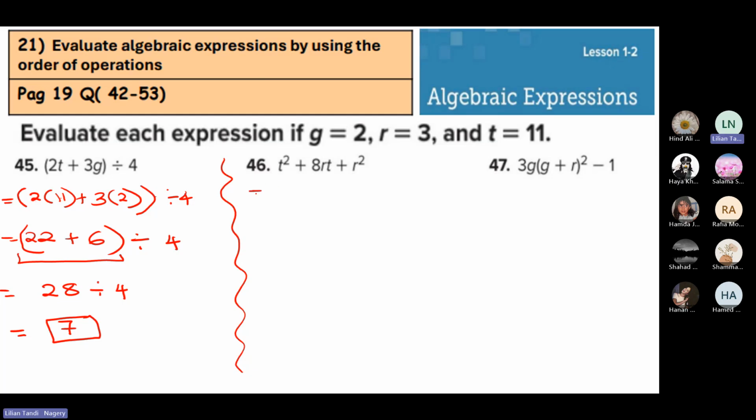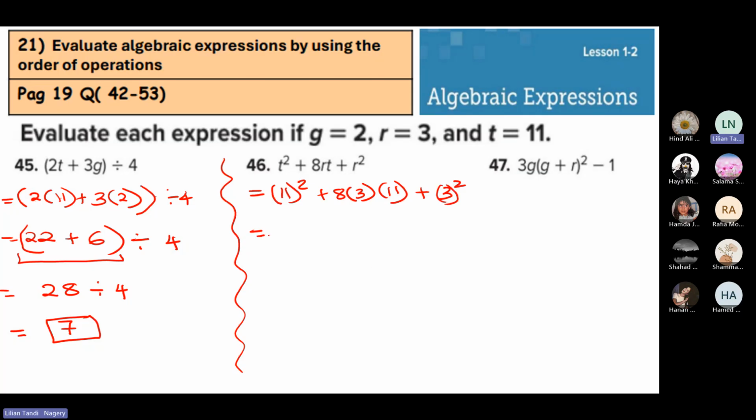So we come here, we do this one, T squared. T is 11. 11 squared plus 8 multiply R, which is 3, multiply T, which is 11, plus 3 squared.